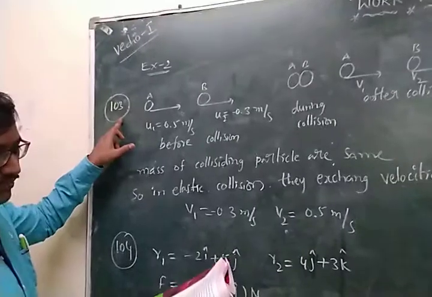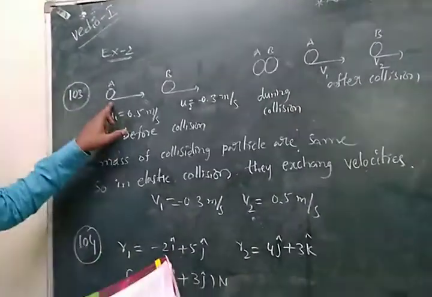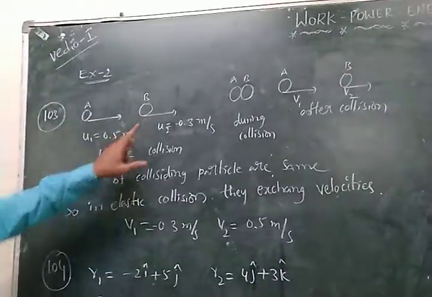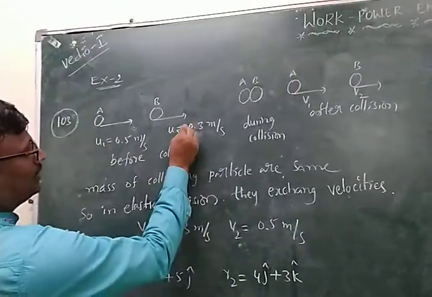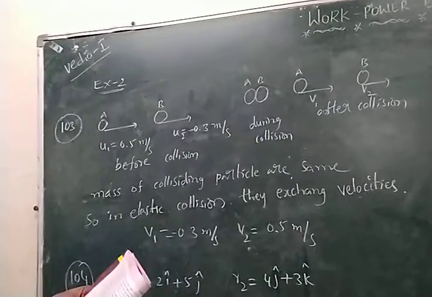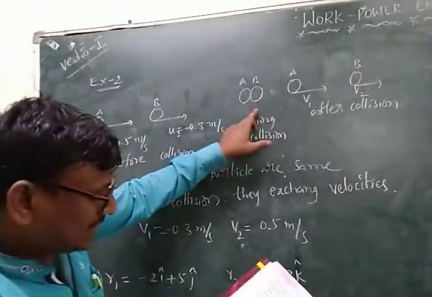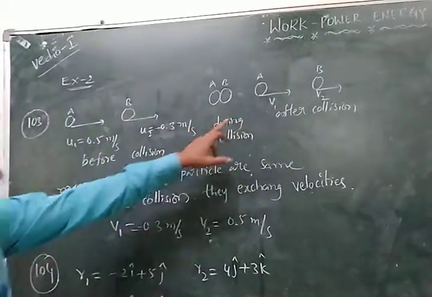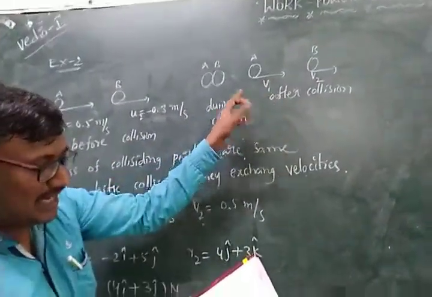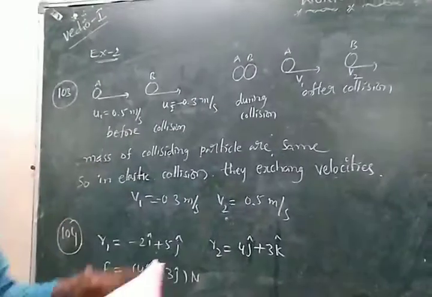Now question number 103. Two identical balls A and B having velocities 0.5 and minus 0.23 meter per second respectively collide elastically in one dimension. The velocities of B and A after collision respectively will be?